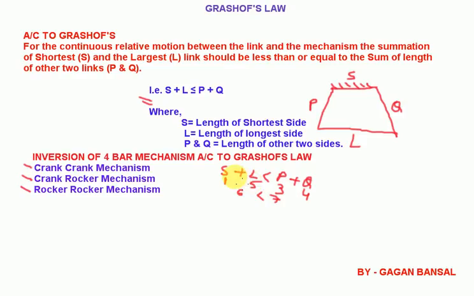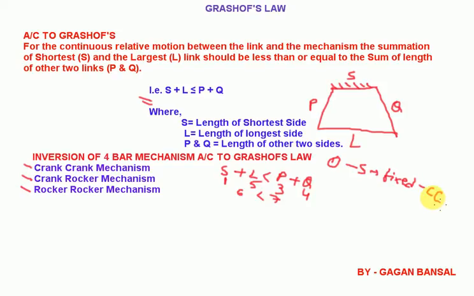If the condition goes like this, that S plus L is less than P plus Q, and if the shortest link, that is S, is fixed, then it is a double crank or crank-crank mechanism.